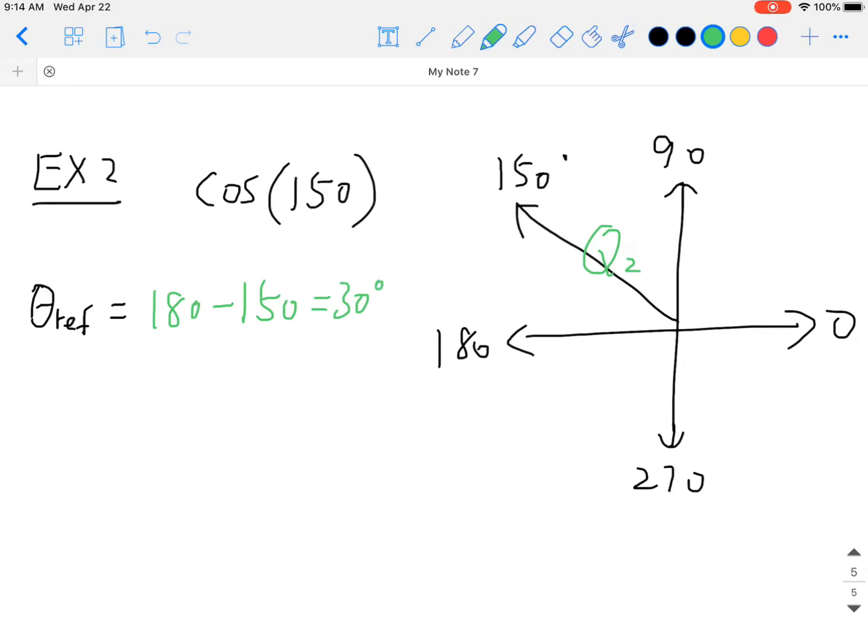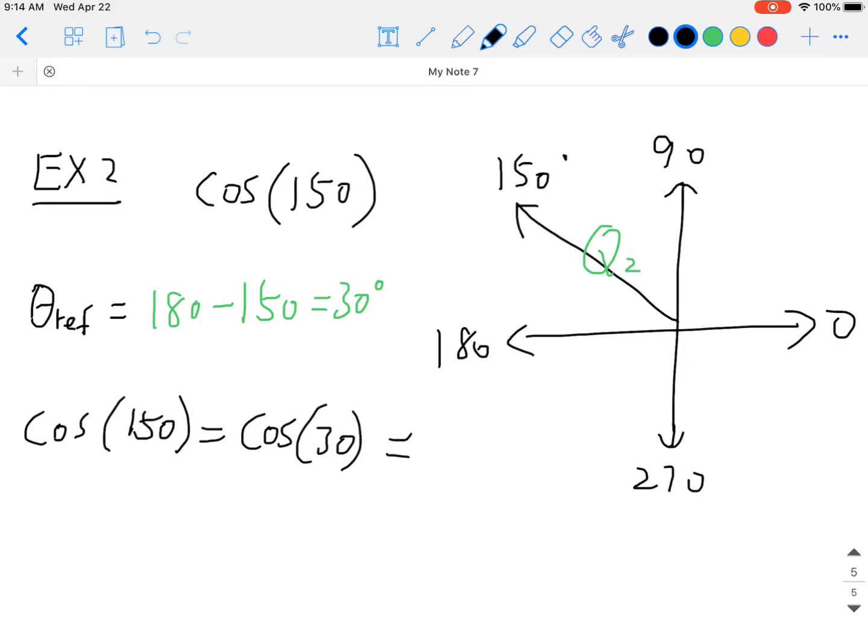That's our reference angle. Which means cosine 150 is the same as cosine 30, and cosine 30 has the exact value radical 3 over 2.